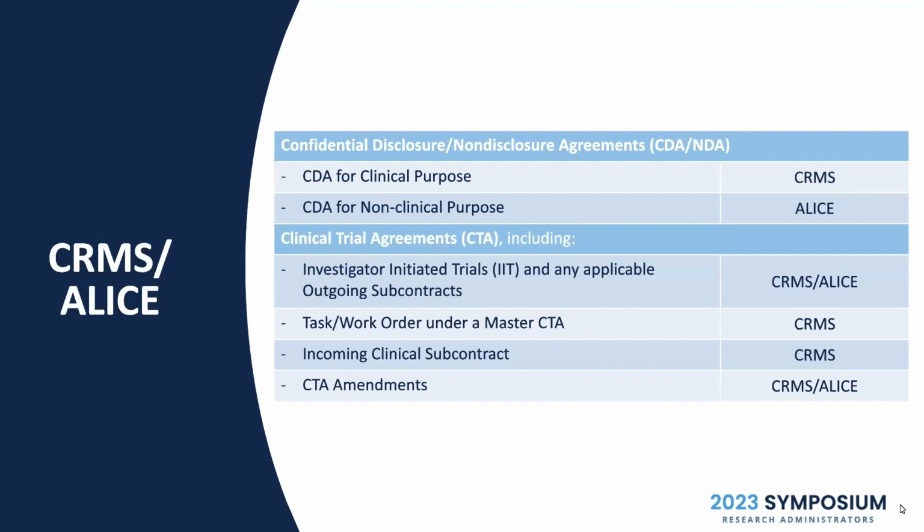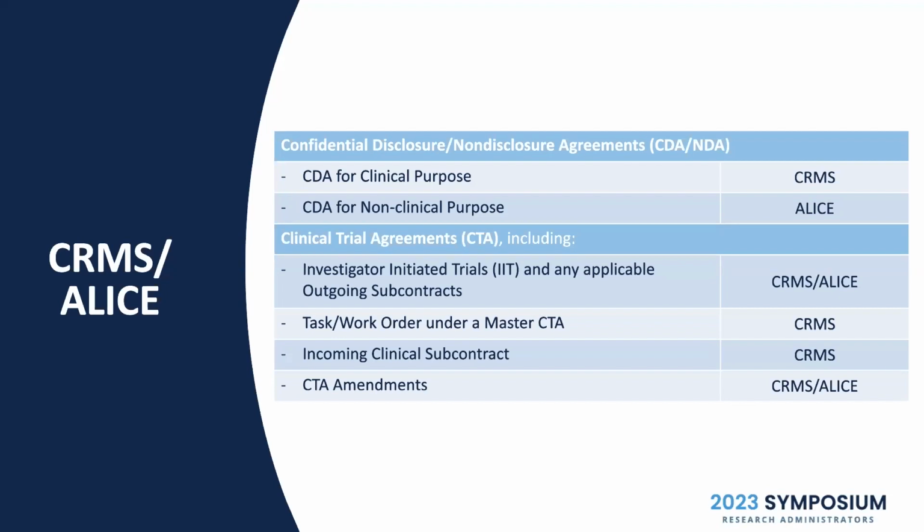But just to give you a broad overview, CDAs for clinical purposes go through CRMS, and for non-clinical purposes would go through Alice. And then clinical trial agreements, also known as CTAs, investigator-initiated trial agreements, and any applicable outgoing subcontracts that might be needed off of those investigator-initiated trial agreements would start in CRMS and move over into Alice.